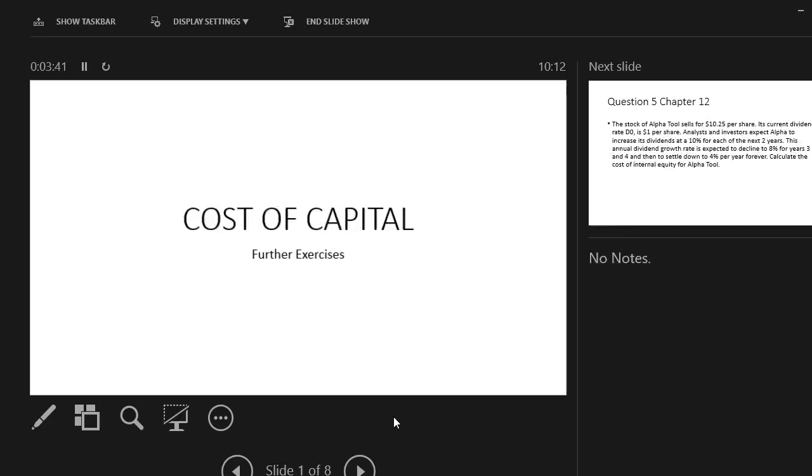Debt is part of our capital. Remember, it's part of the ways in which we can capitalize a company. So when we get money from debt, that comes at a cost. So we have cost of debt, and it's normally given the sign KD, which is cost of debt.